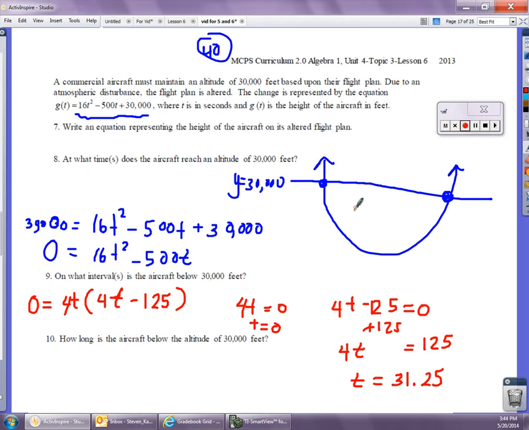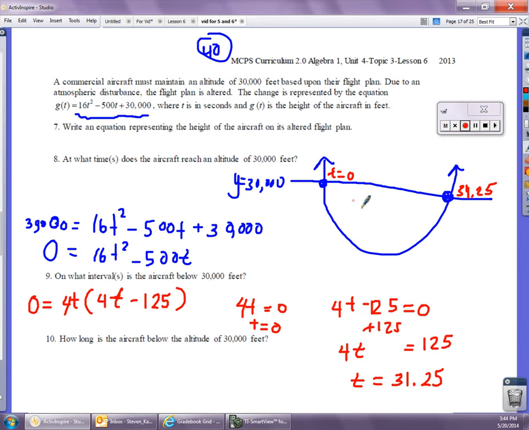So that means that it hits 30,000 when the time was 0. Pretty much when we started counting, when the airplane first dipped below, we started counting. And then eventually the airplane came back up at 31 and 25 hundredths of a second. So the question is, at what interval is the aircraft below 30,000? I can see from my picture that it's below between these two times.